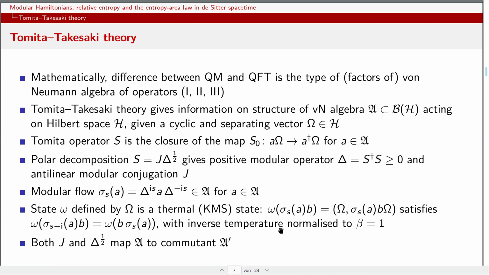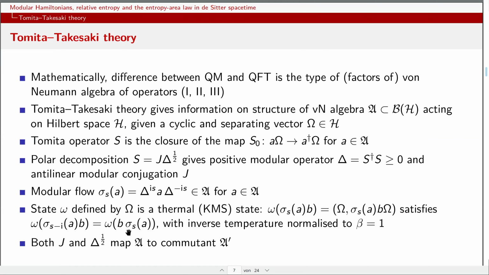One of them you evolve with the modular flow. This object, as a function of the parameter s, admits an analytic continuation into the complex plane. So one can send s to s minus i. And the KMS condition says that this analytically continued function is equal to the one with the operator switched.